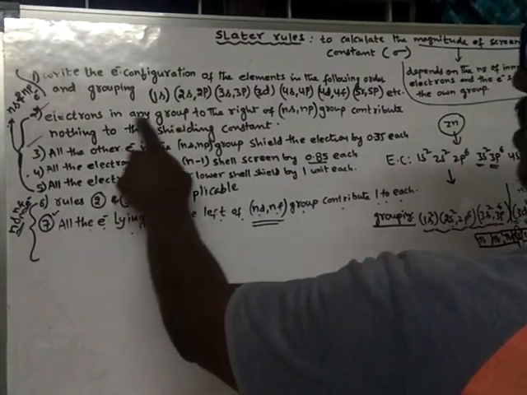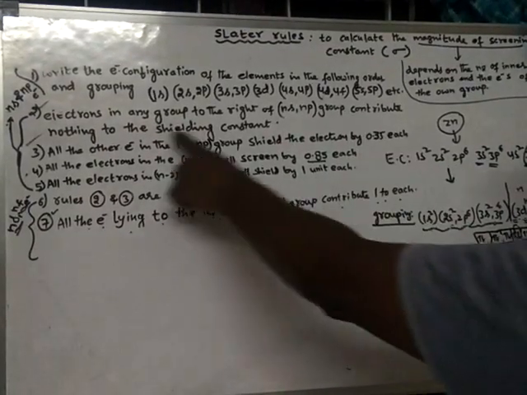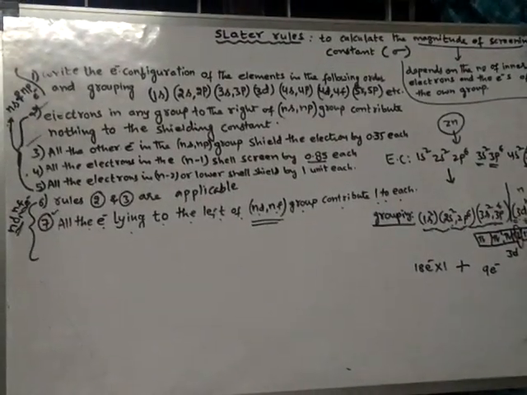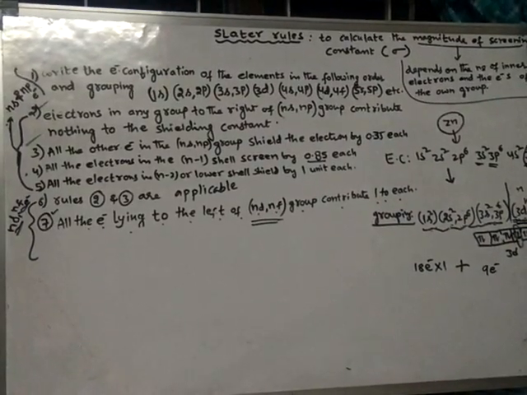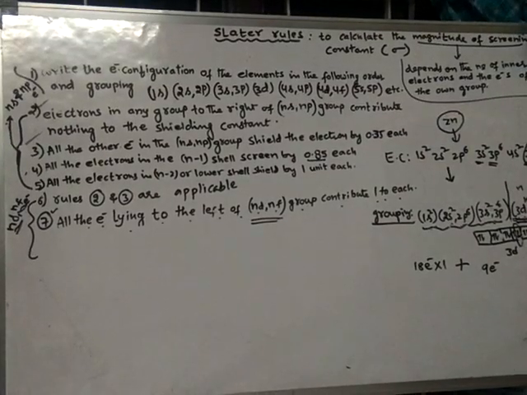What are rules 2 and 3? Rule 2: electrons in any group to the right of the ns-np group contribute nothing. So this group is lying on the right side, which means we should not consider it.